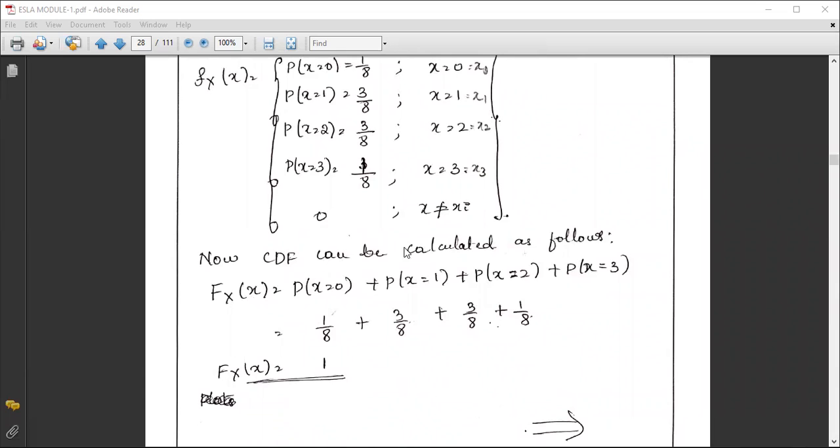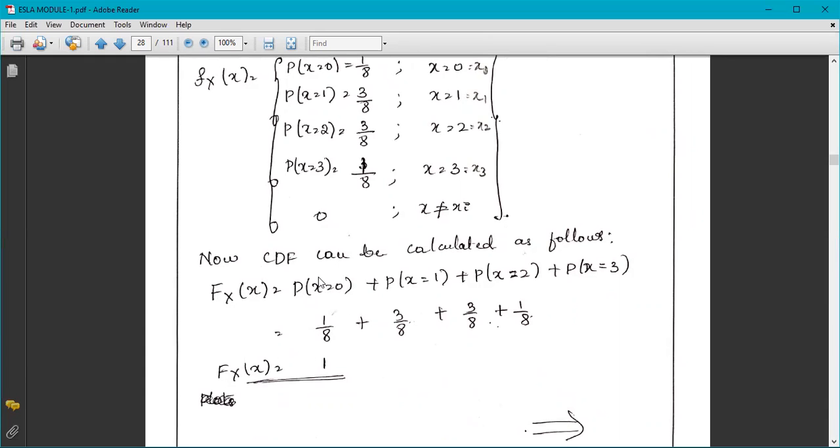The cumulative distribution can be calculated as follows. The cumulative distribution function is the sum of all these. We get the cumulative distribution function F of x equal to the probability of x equal to 0, where the number of heads is 0, with value 1 by 8, plus the probability of x equal to 1, only one head, with value 3 by 8, plus the probability of x equal to 2, also 3 by 8, plus the probability of x equal to 3, which is 1 by 8.